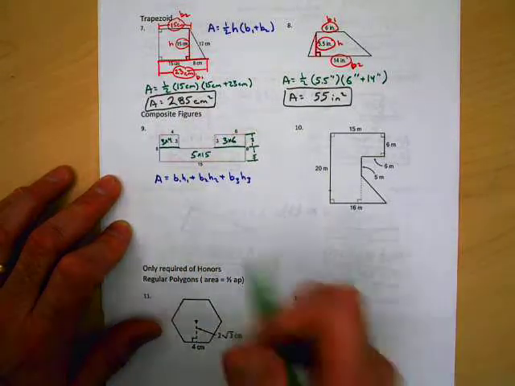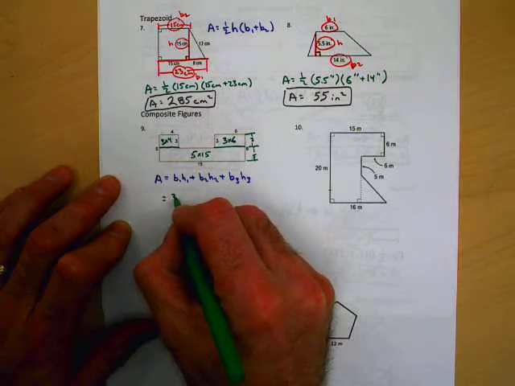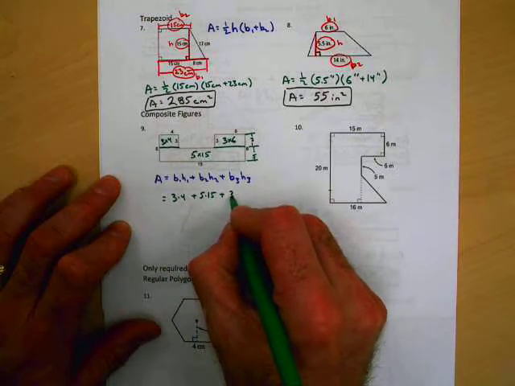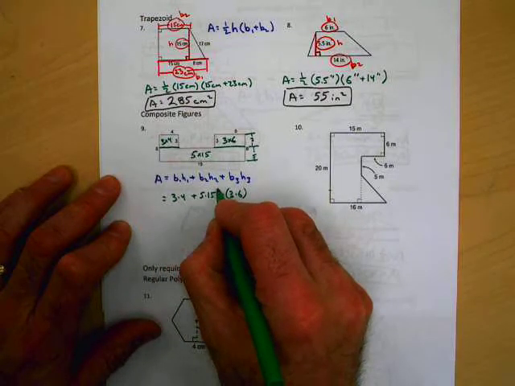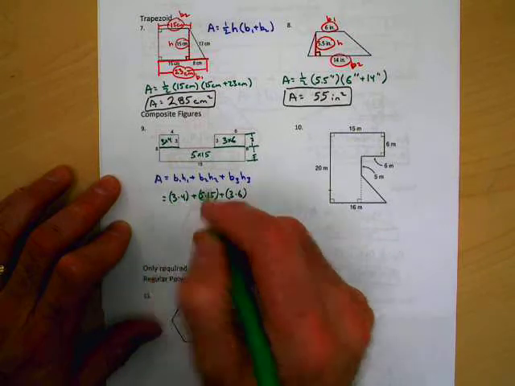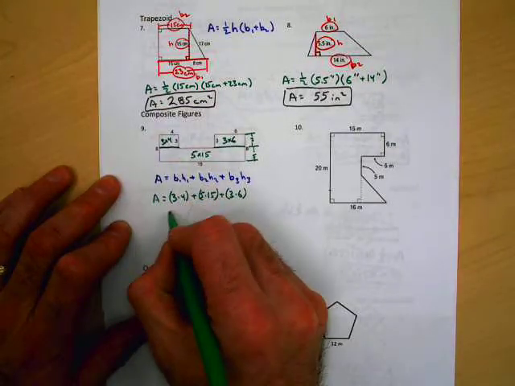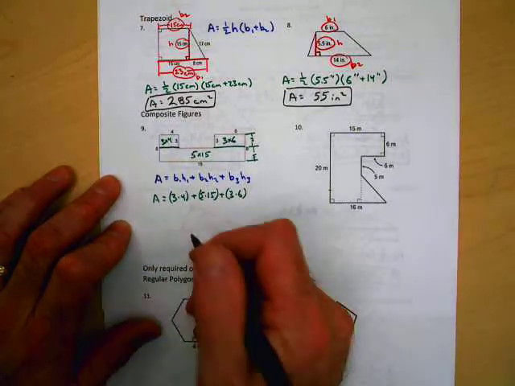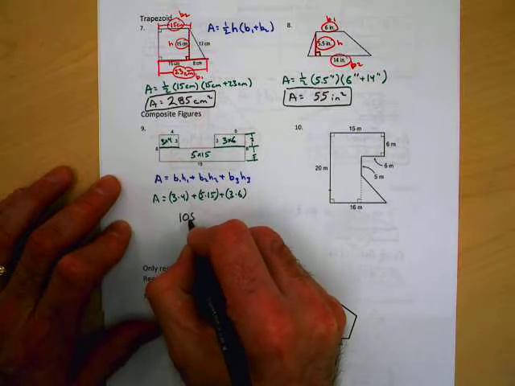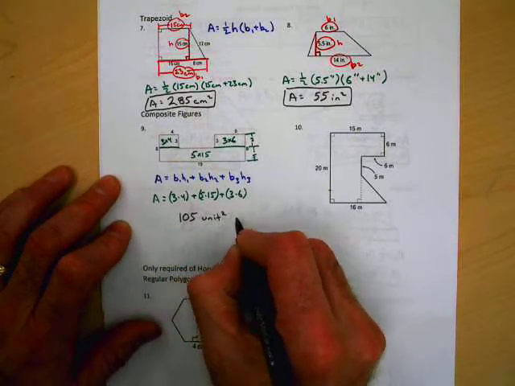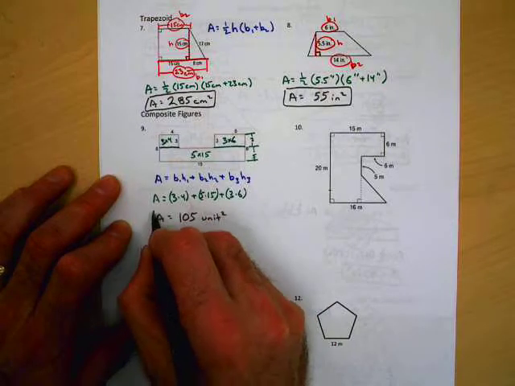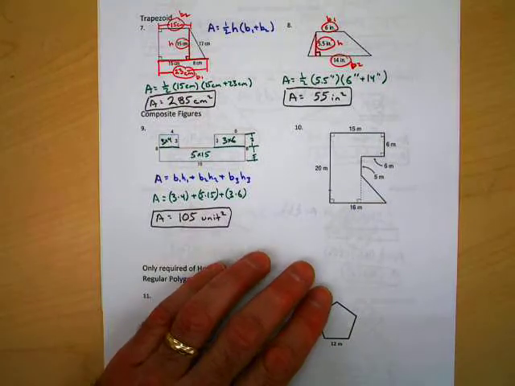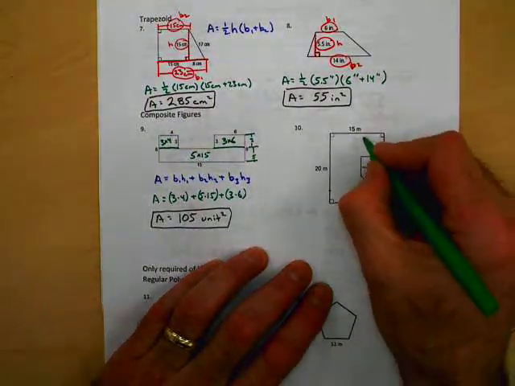When I plug those values in, I get 3 times 4 plus 5 times 15 plus 3 times 6. And if it makes you feel better, it makes me feel a little better, I'd put parentheses around them just so that that's each of the pieces. And when I add those together, I get 105 units squared. Again, here they don't give us a unit, so I'm just going to go ahead and let everyone know that the area is 105 units squared. Here's my answer. The next one, here we have a 6 by 6 square up here.